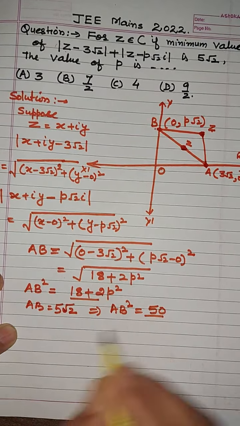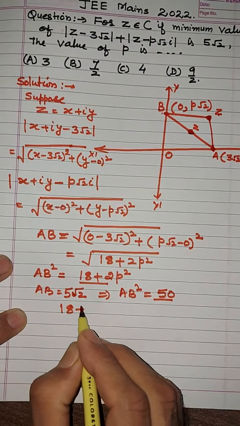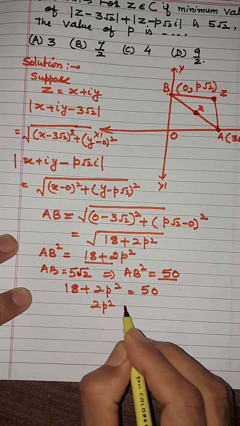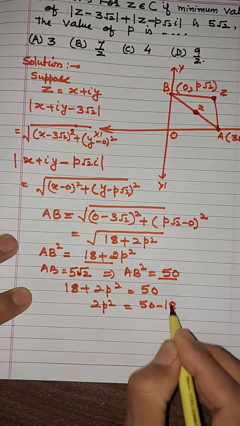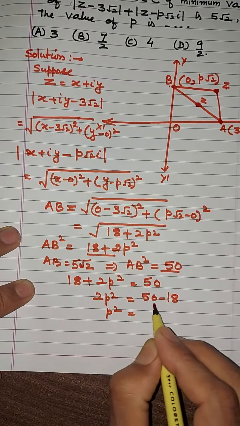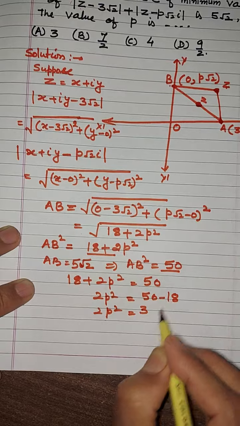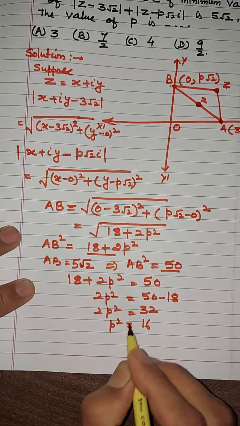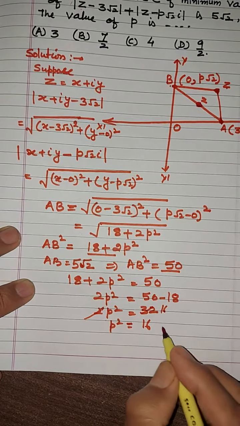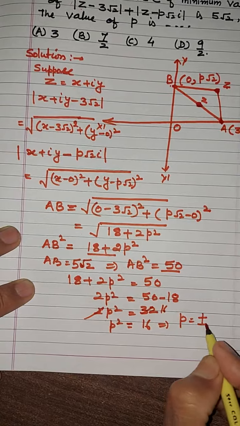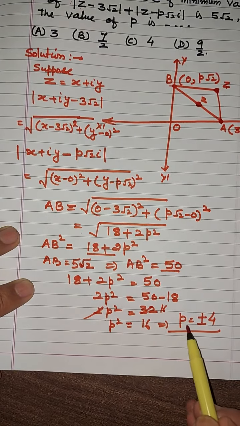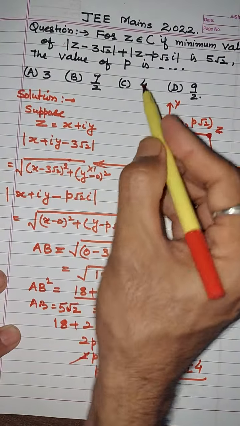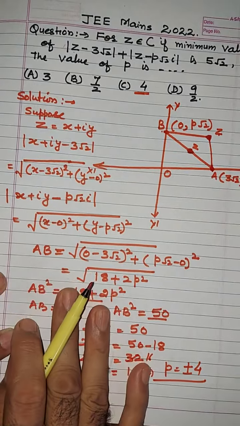So if we equate these, 18 plus 2p square is equal to 50. 2p square is equal to 50 minus 18, which is 32, so p square is equal to 16. Taking the square root, p will be plus or minus 4. The value of p will be 4 or minus 4. If we compare this value with the options, then C will be the correct option.